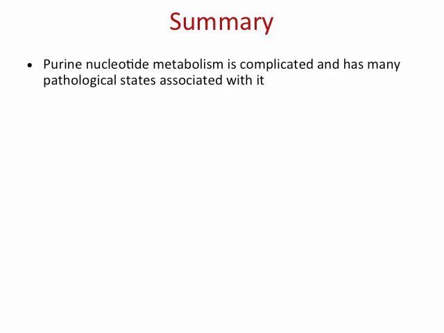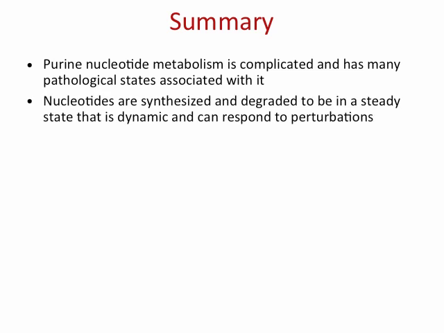So, a few summary points here at the end. Purine metabolism is somewhat complicated as it involves a lot of degraded pathways and biosynthetic pathways, and it has many genetically based pathological states associated with it.